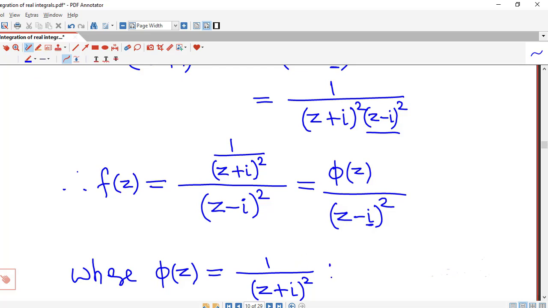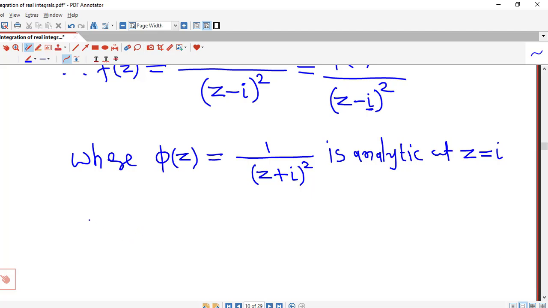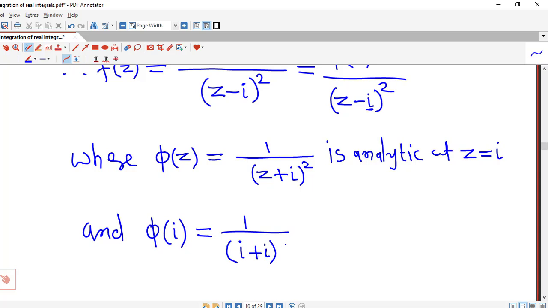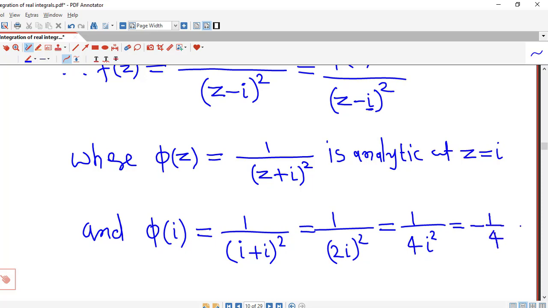So phi of z is analytic at z equal to i, and the value of phi at z equal to i will be 1 over (i plus i) whole square, that is 1 over (2i) whole square, which is equal to 1 over 4 i square, which is minus 1 by 4, and we are interested whether it is non-zero or not.